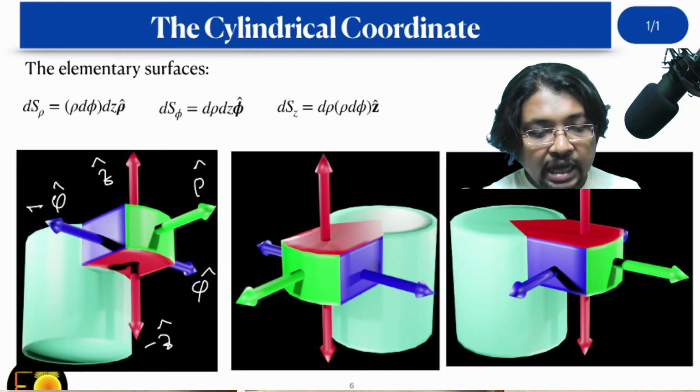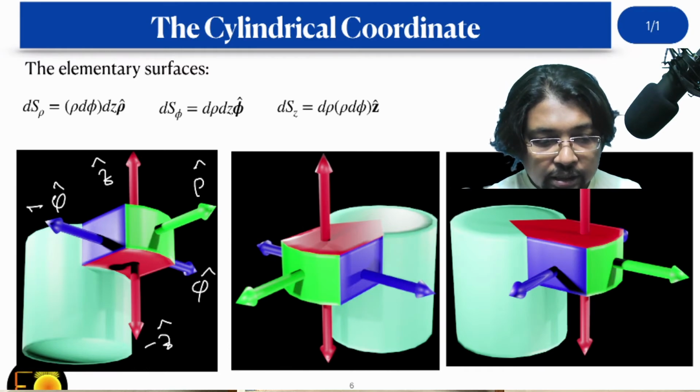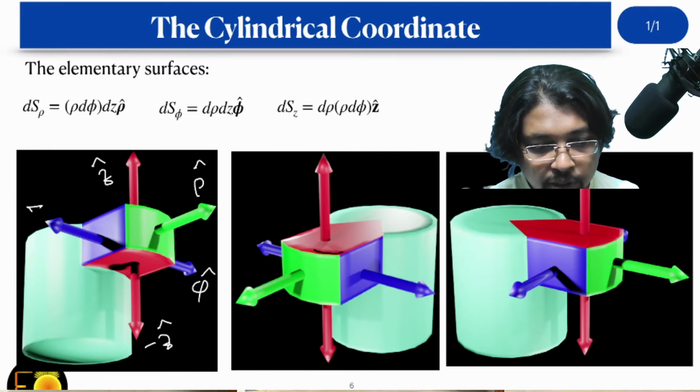So the z cap has this vertical direction, and obviously a curved path, and this one here, that means this is the curved path, and this one, it defines the surface.